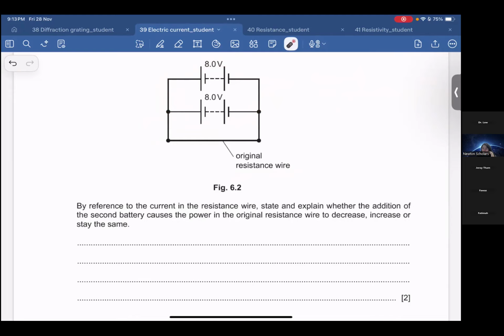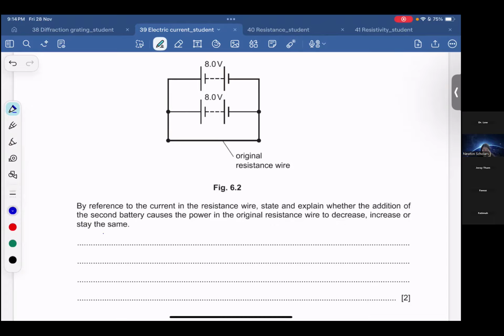Then the current flowing: since your EMF is the same, your current will be the same. When your current does not change, then your power is of course still the same. Voltage not change, current not change, at the end your power is still not changing.